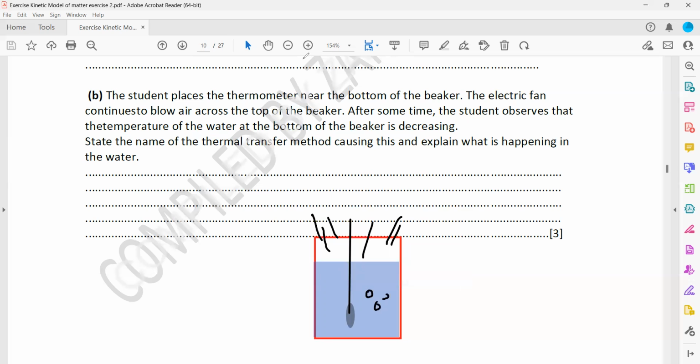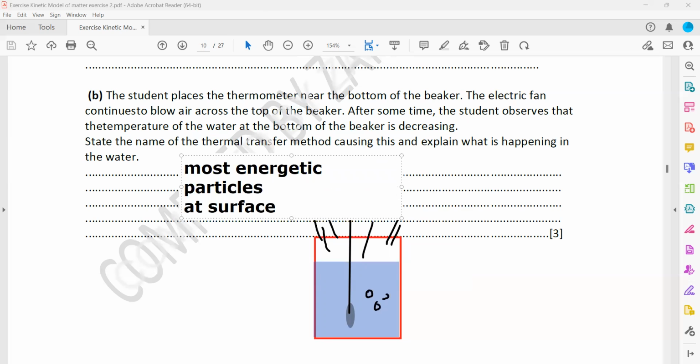That's why the temperature decreases. Most energetic particles, that is one mark. At the surface, that is another mark: at the surface they escape. And the last thing, because of how it cooled down, the particles left behind have low energy.